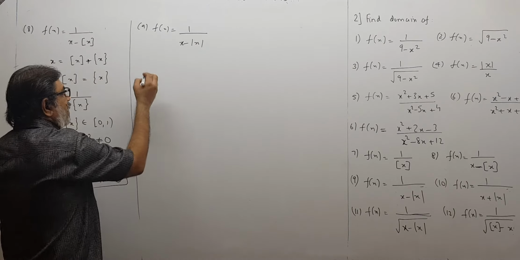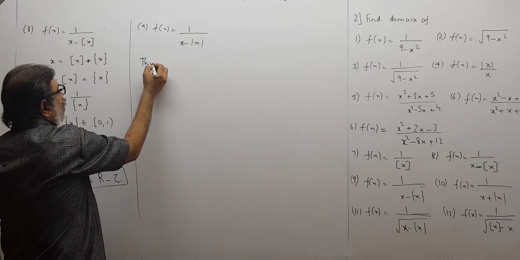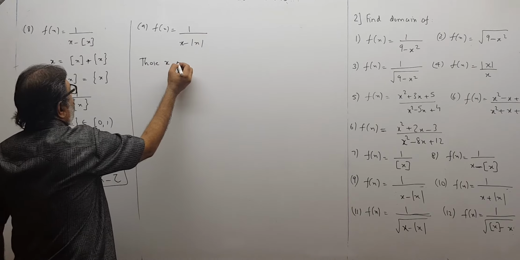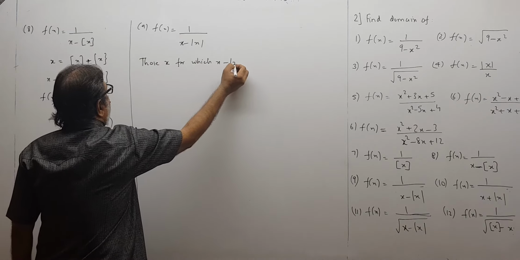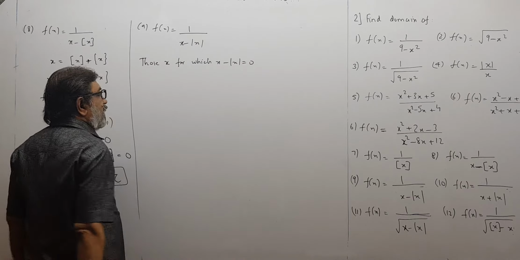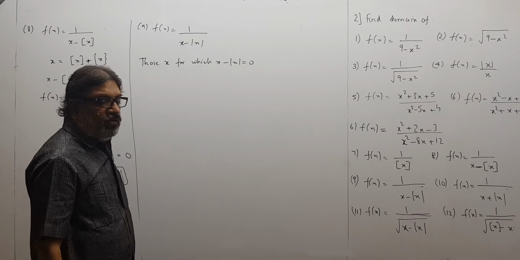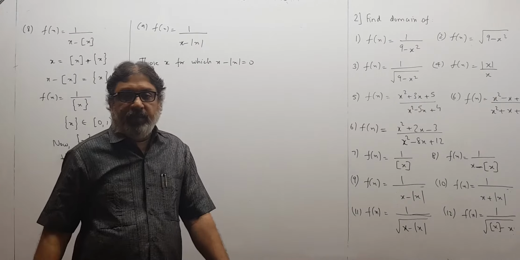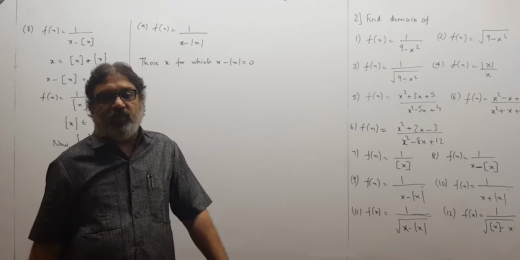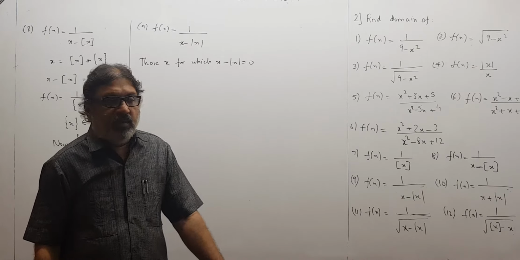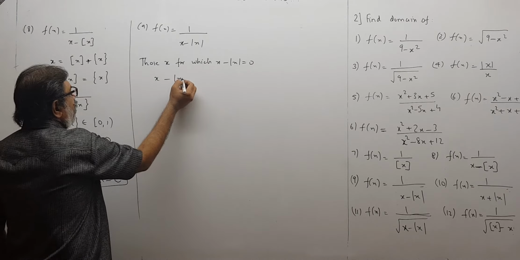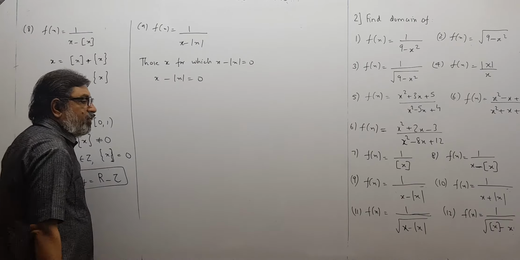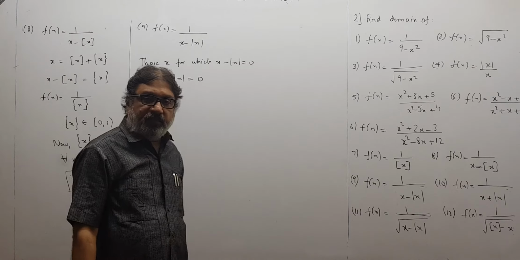So let us start finding those values of x for which x minus mod x is 0, and after finding out those values, we remove them from our domain, because for those values of x, x minus mod x will be 0. So now my target is to find the values of x for which x minus mod x is 0.